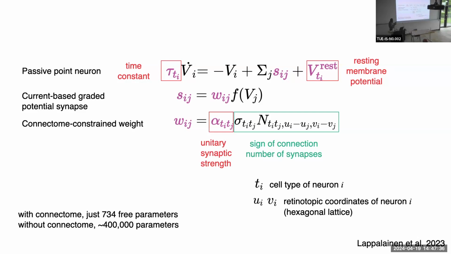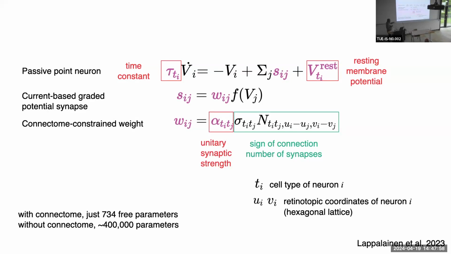So in this model, the number of parameters really scales with the number of cell types, but not the number of neurons. And so that's a massive reduction. And that's enabled by the fact that we actually measure most of what determines a synaptic weight through electron microscopy.